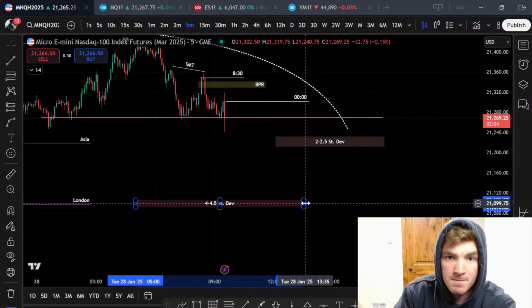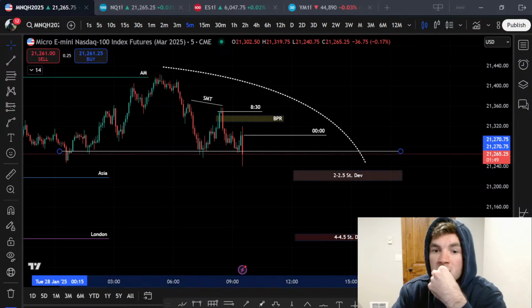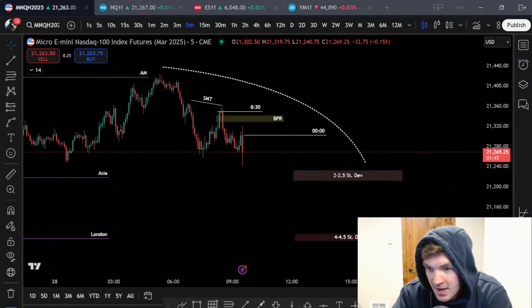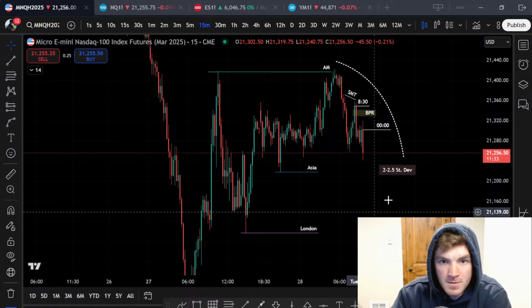What time does news come out? I'm kind of blanking on that actually. That's not good. News will probably deliver us lower. News is coming out at 10, so it's possible that's what's gonna deliver us lower.